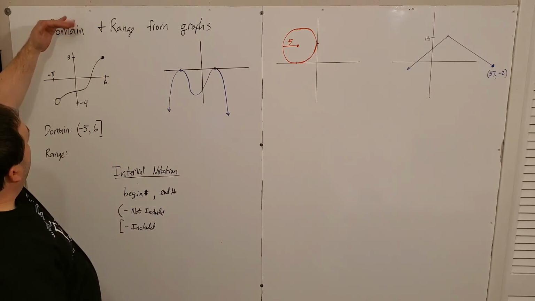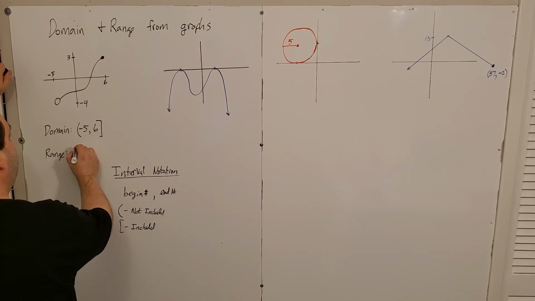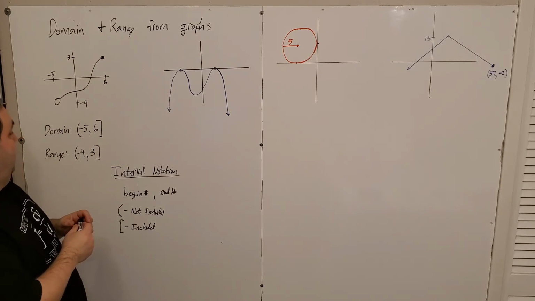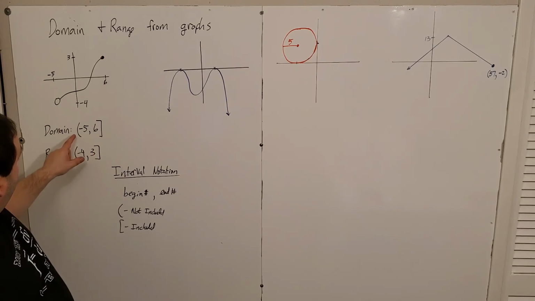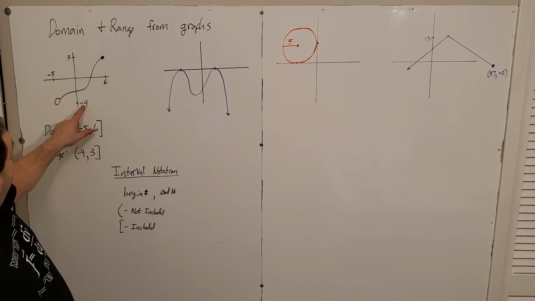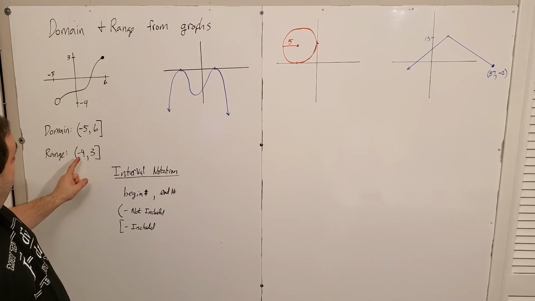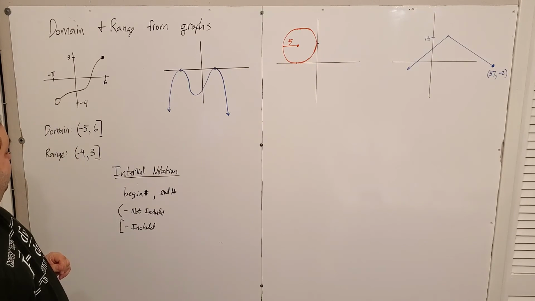Stops at 3. There's no other y values above that. Okay? So my range is -4 to 3. And again, these don't have to be in the same parentheses bracket order. Okay? It just so happens that -4 is the y value that's not being used, but it is a starting point, right? So that's why I have to list it like that.